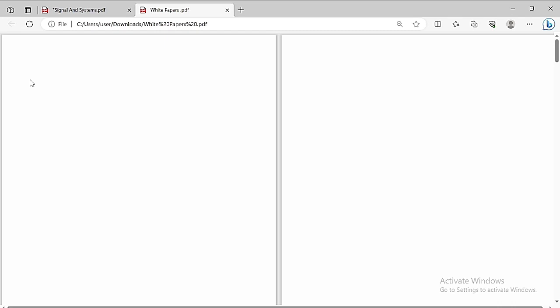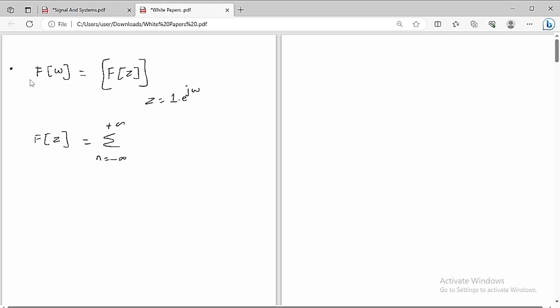See, I have already told you, in the discrete time domain, the discrete time Fourier transform is obtained from F of z. In place of z, if you substitute z equal to e to the power of j omega, then we get the discrete time Fourier transform. So what is F of z? F of z is equal to the sum from n equals minus infinity to plus infinity of f of n into z to the power of minus n.